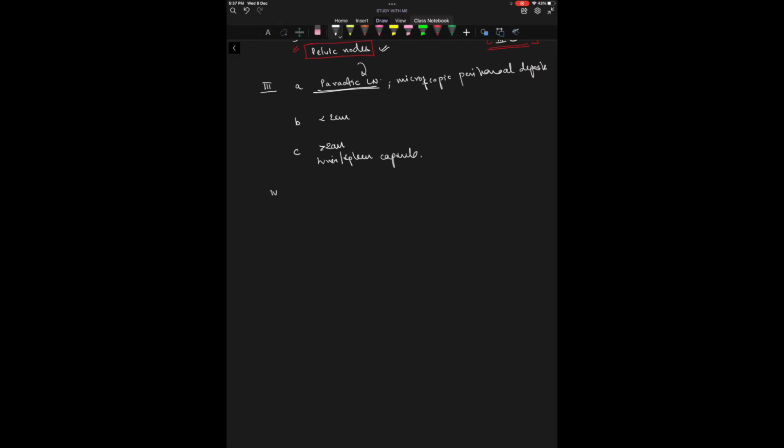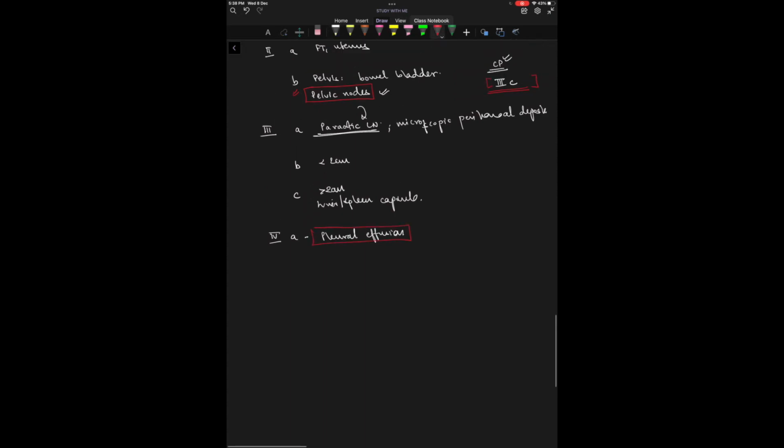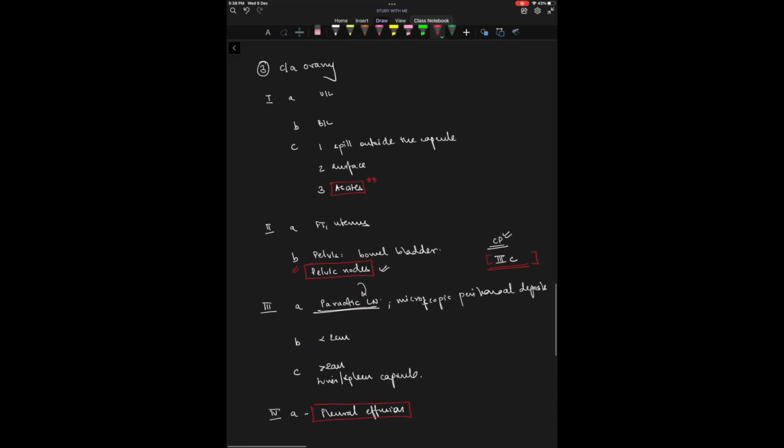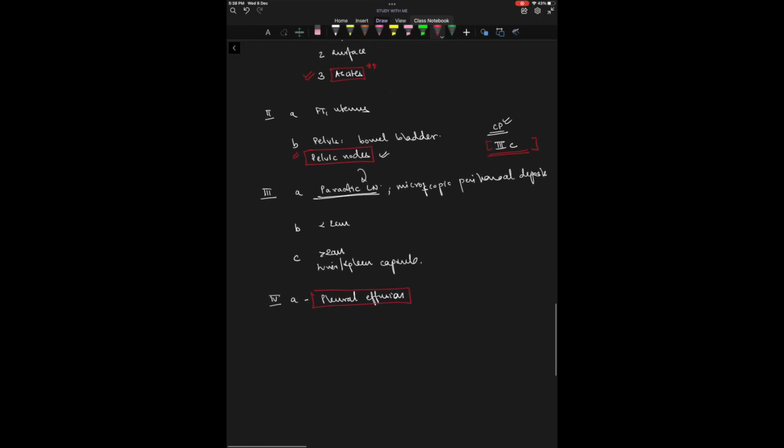Finally, stage 4. Stage 4A would be pleural effusion. Okay. Why is this important again? Because if ascites is present, then it is stage 1, while when pleural effusion is present, it is stage 4. Always remember this point. This will be known as malignant pleural effusion. Alright, it means you have to keep in mind where the water is filling. Water is filling in the lungs.